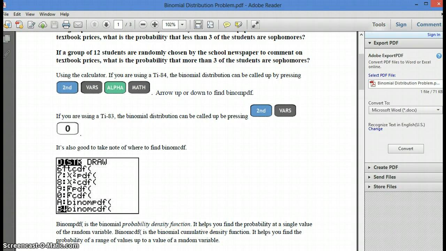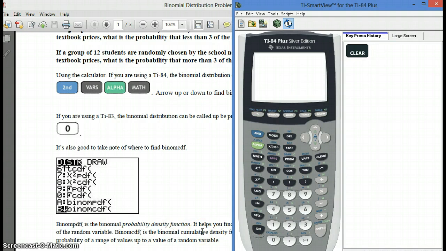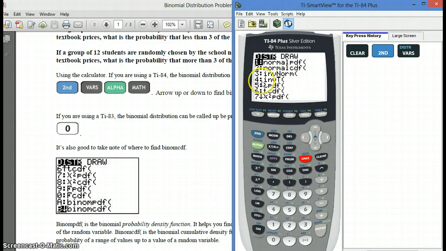Okay, so when I go on my calculator, if I click on the second key, here's the vars key. It picks up the probability distributions. We'll be working with the normal in Chapter 6 and the t. If you arrow up or down, you go through the list of distributions.